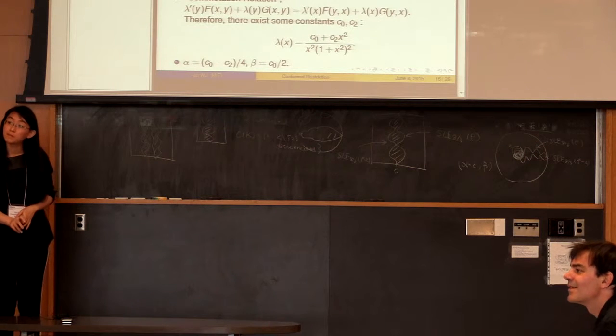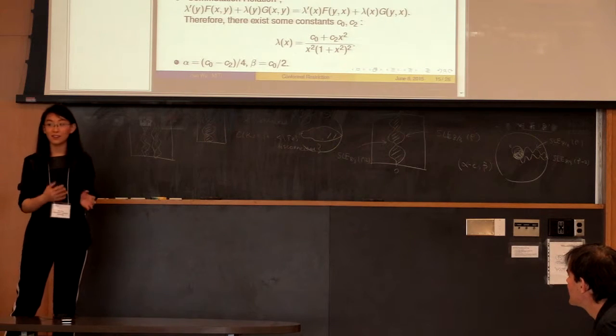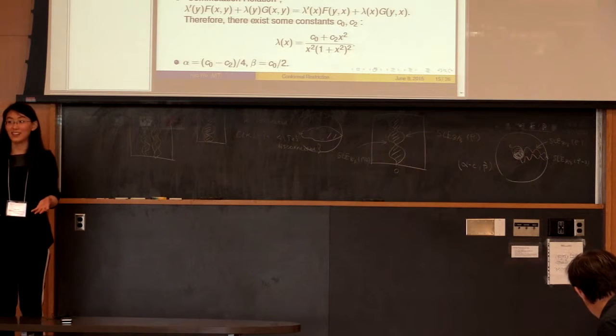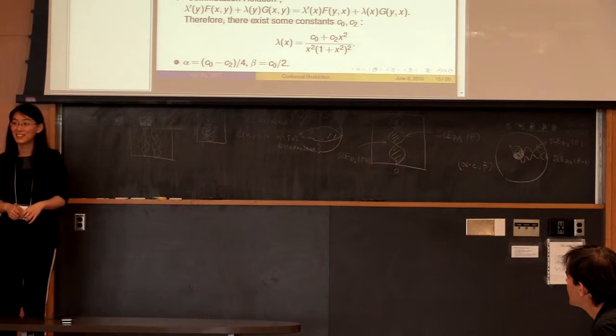So you consider the half plane and the circle. Would this be very different for other domains? So as long as they are conformally invariant, they are the same thing. It's just the disk is easier to describe.